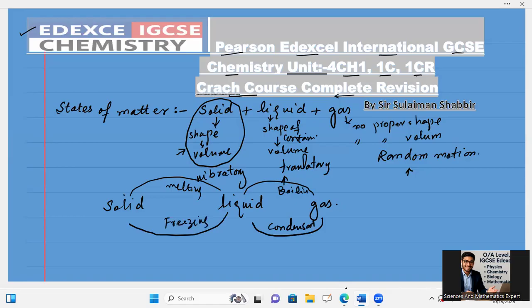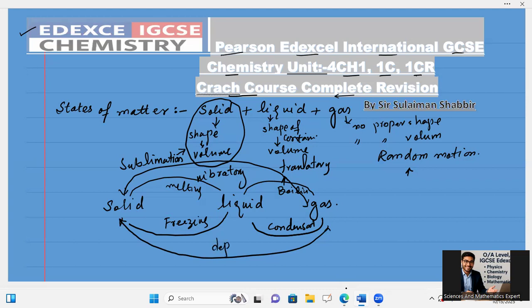Solid directly converted into gas is called sublimation. And if gas is directly converted into solid, it is called deposition. All of these are processes you should keep in mind, and how each conversion takes place.